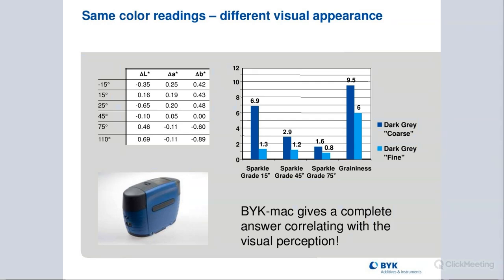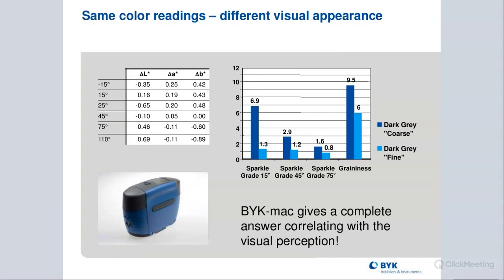And just a summary of why sparkle and graininess are so important. We can see a 0.5 change in sparkle and graininess. If we were looking at these color values, which again are integral color values, so they're integrating not only the absorption pigments, but any of the effect pigment is contributing to the reflectance curve and therefore calculated out into LAB values, these are pretty good color values and would pass most specifications.